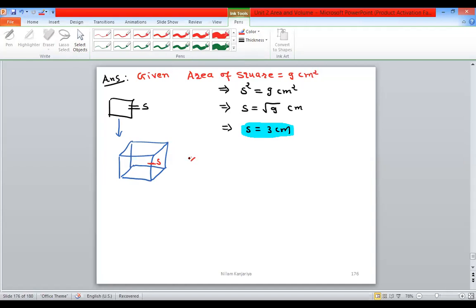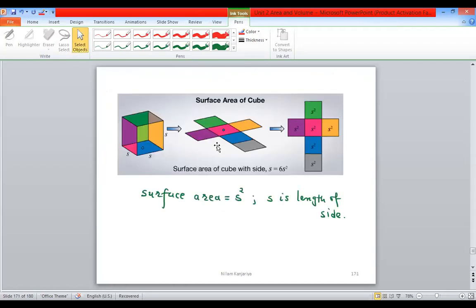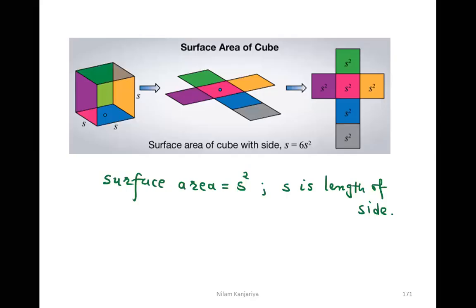Remember these things, student. Look here, this figure. Every part of cube represents itself a square. So first of all, I'm using the formula of square. By the area, I'm finding the length of side.